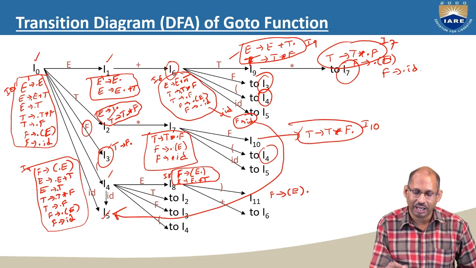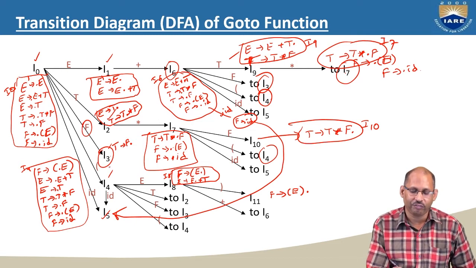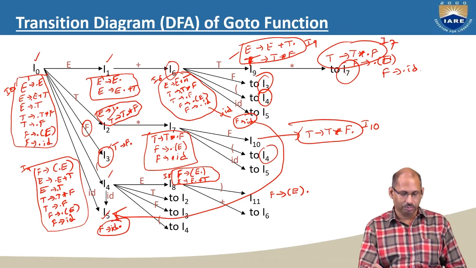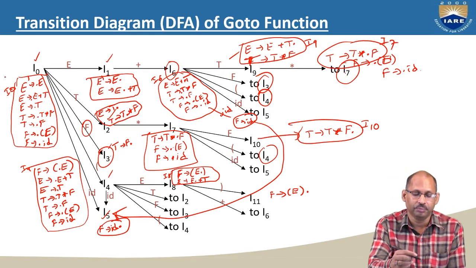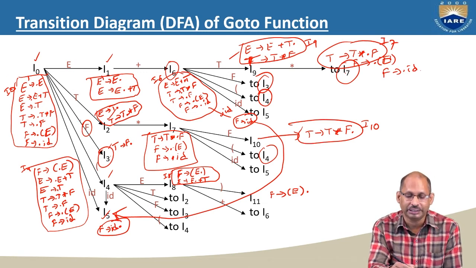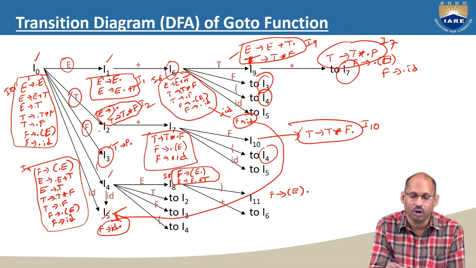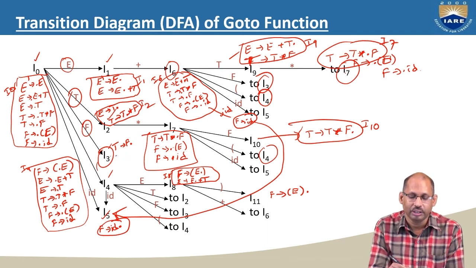So this is I4. Then what is I5? I5 is simply F → ID. In this PPT I have written I0, and I0 on the symbol E is I1, on T is I2, on F is I3, then on the left parenthesis is I4, and on ID it is I5.